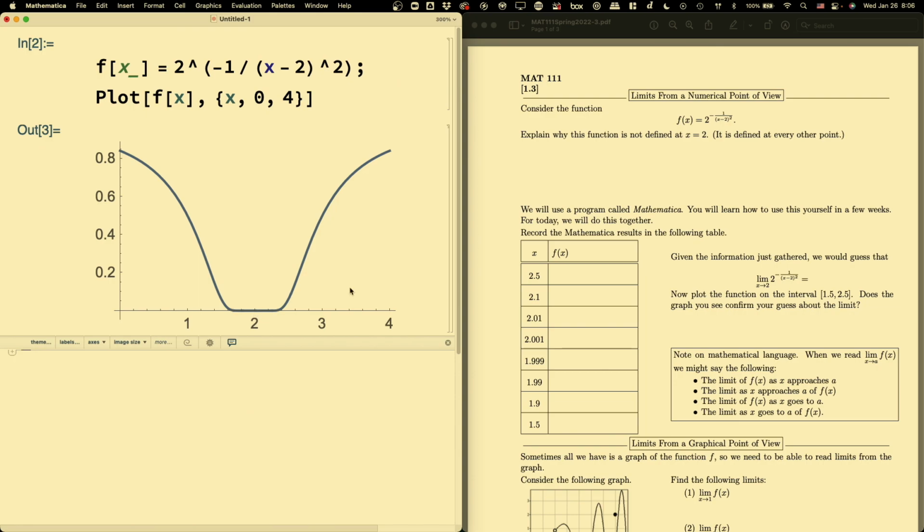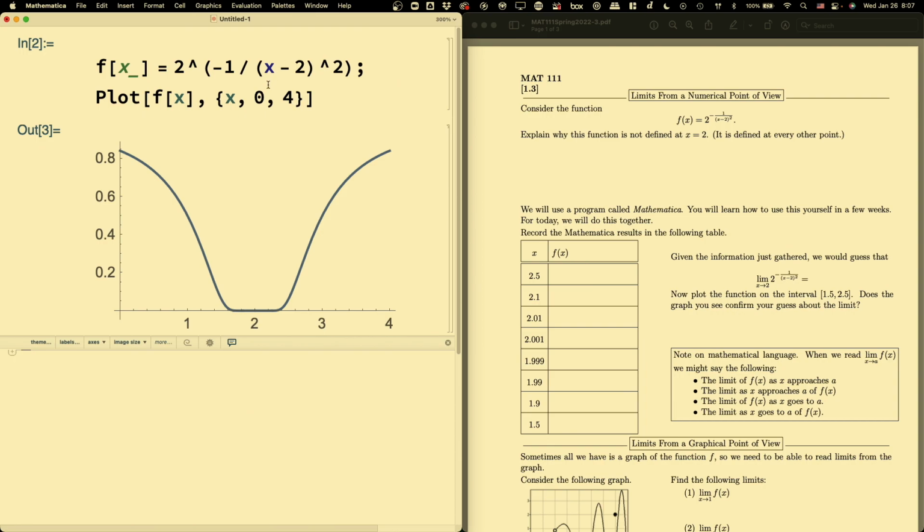Here I graphed on the interval from 0 to 4. What was the whole point of the warm up? Well, what happens if I start to zoom in so that I'm looking at a small range of x's that are around, in this case, 2, the problem point. Make sense?